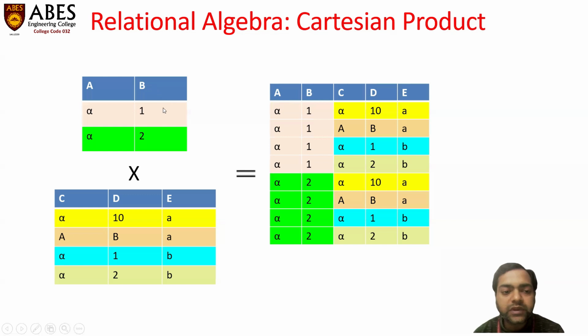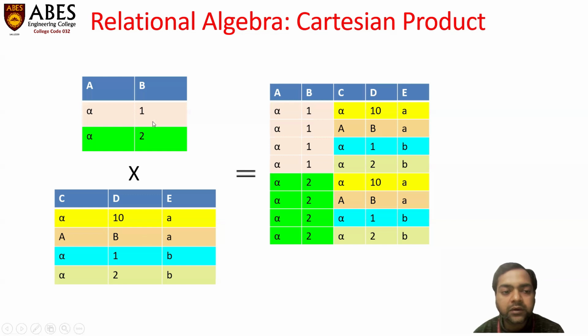Now, how will this Cartesian product work? The first tuple of relation R1 will make a combination with all the tuples of the other relation R2. You can see that alpha and 1 will make a combination with alpha 10 and A. Again alpha 1 will make a combination with A, B, and small a, which is the second tuple of relation R2.